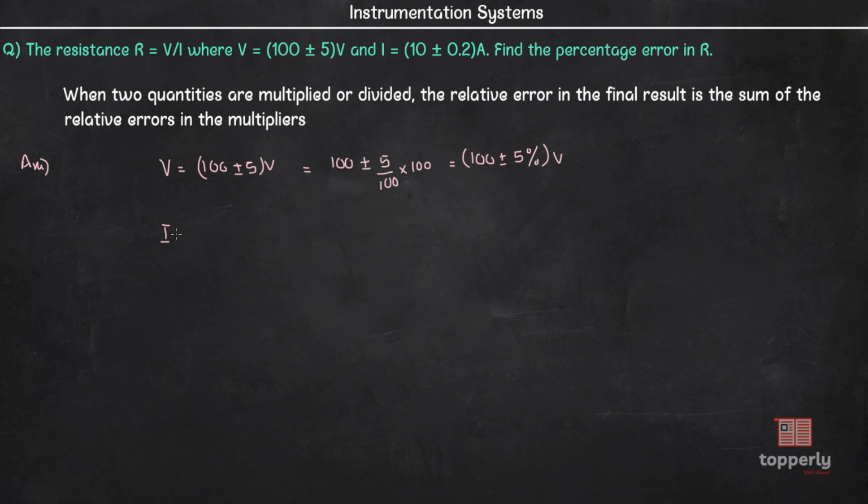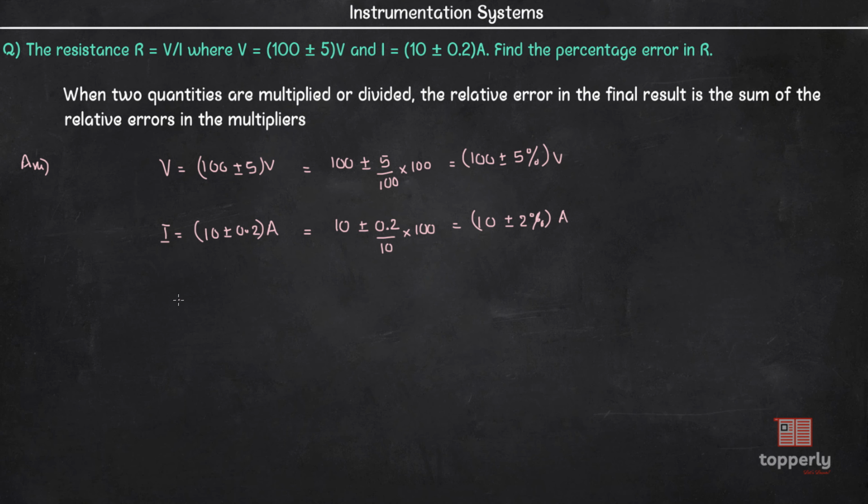Similarly, I is equal to 10 ± 0.2 ampere, which is equal to 10 ± 0.2/10 into 100, which is equal to 10 ± 2% ampere.